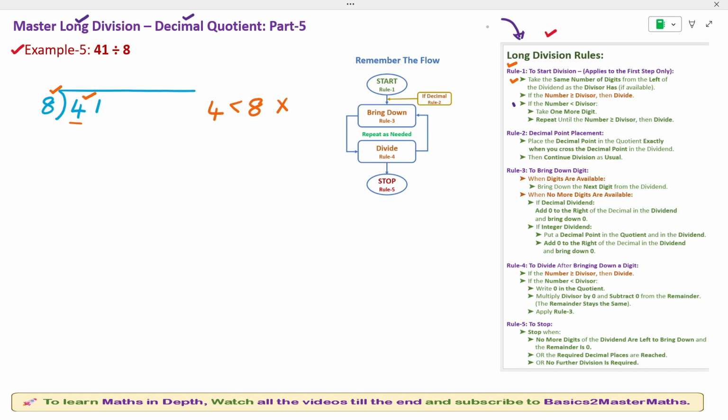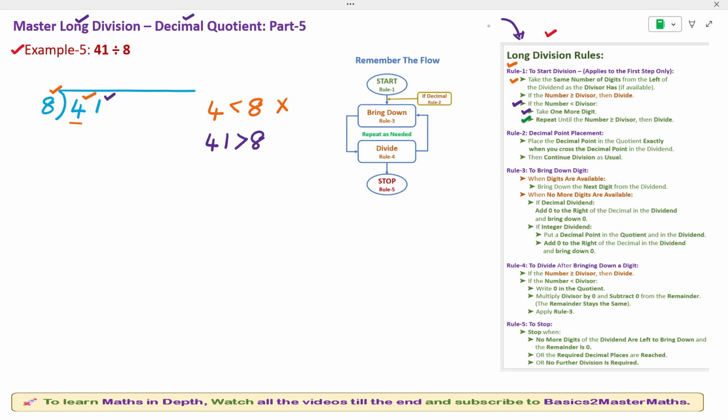Observe the rule 1 again. If the number is less than the divisor, then take one more digit. In this case, consider 1 also. Now, the number becomes 41, which is greater than the divisor 8.